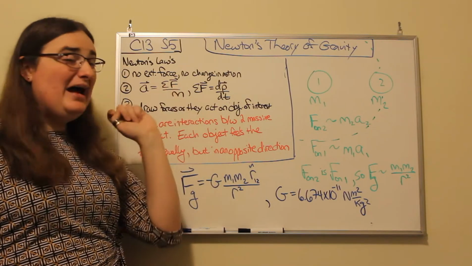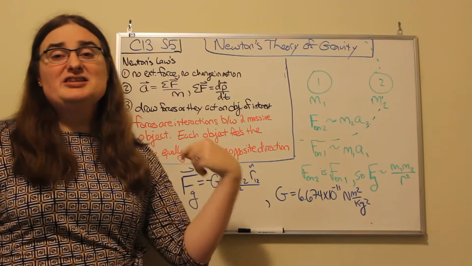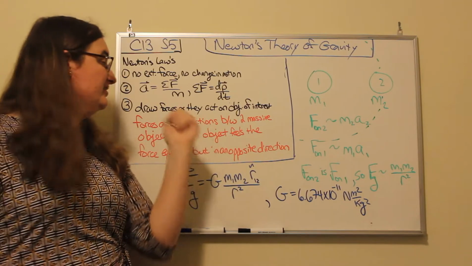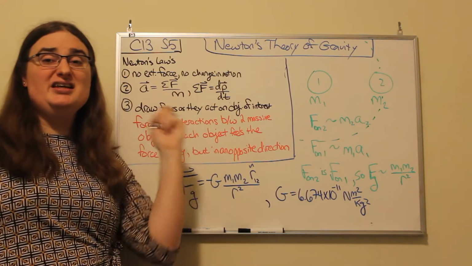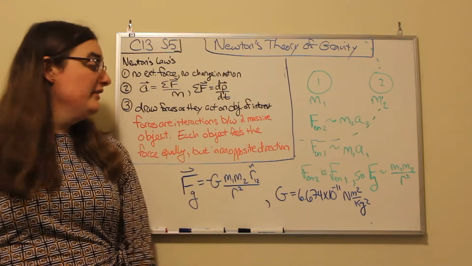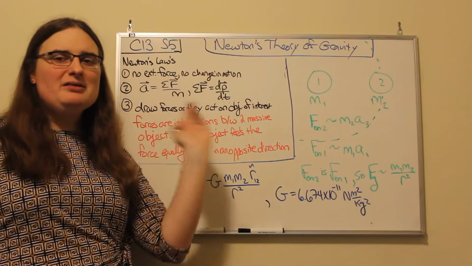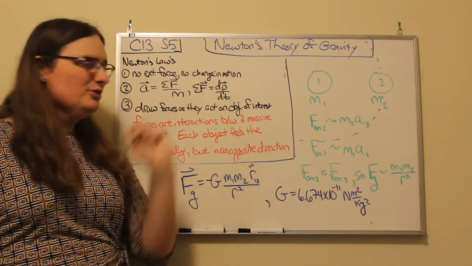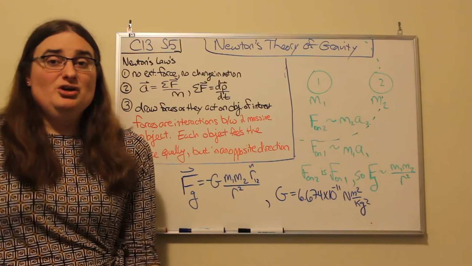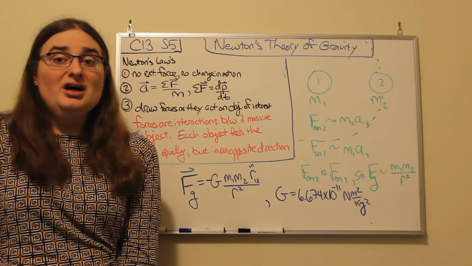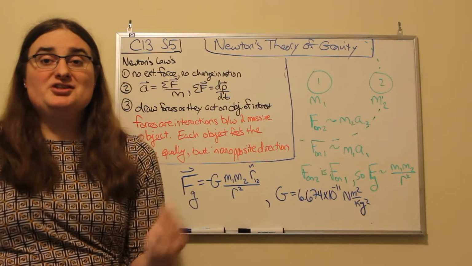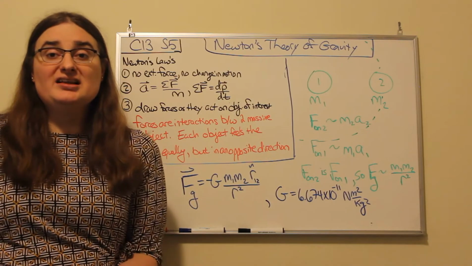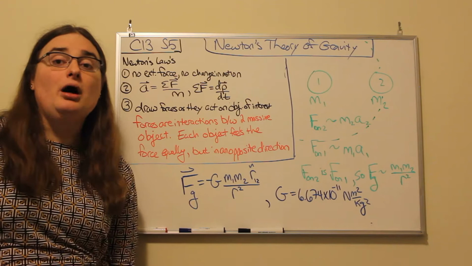And mass, remember, was described as the inertia of an object. And strictly speaking, we should call this the inertial mass of an object. And then pragmatically, I said the way to think about Newton's third law is draw forces as they act on your object of interest. Usually when we use the third law, it's to draw a pretty force picture to figure out how the object in question is going to be accelerating, if it's accelerating at all.